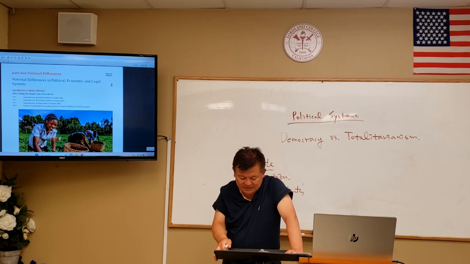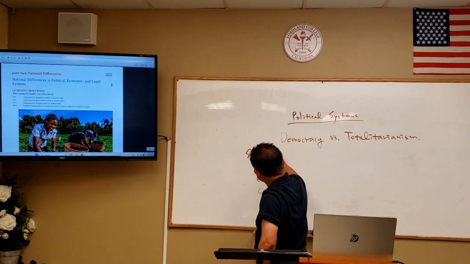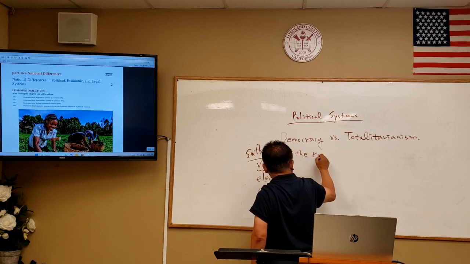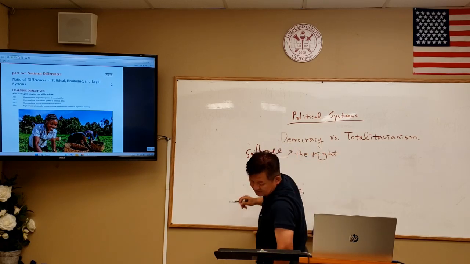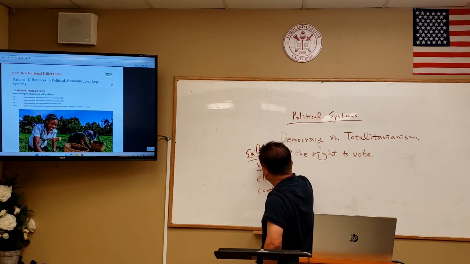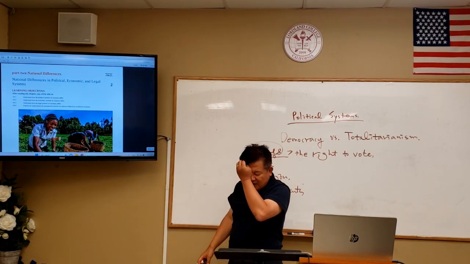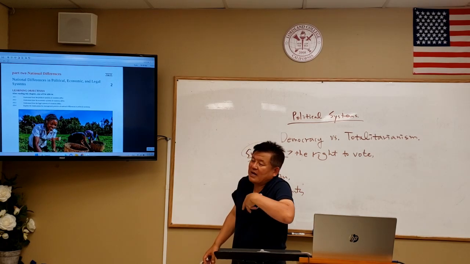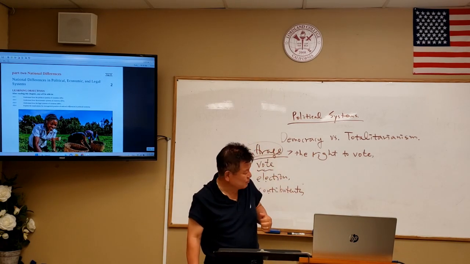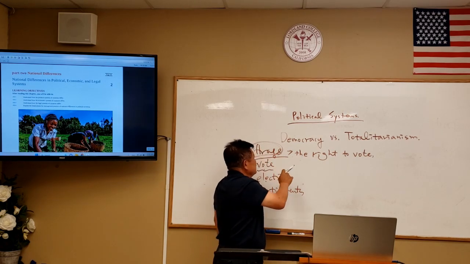Universal adult suffrage. Suffrage means the right to vote. It means I have a responsibility or duty to vote, and also I have a right to vote. Suffrage is a very important factor in democracy.